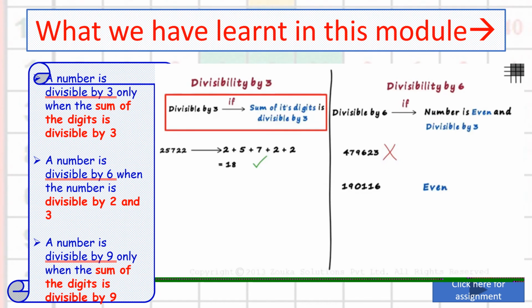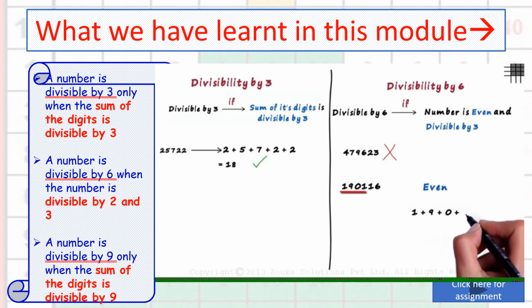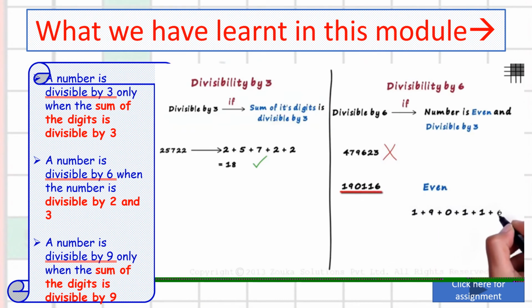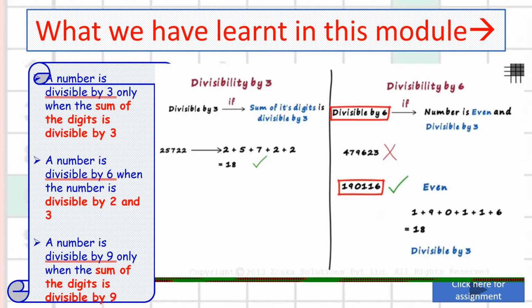So we find out the sum of the digits. 1 plus 9 plus 0 plus 1 plus 1 plus 6. 1 plus 9 is 10, plus 2 is 12, plus 6 gives us 18. The sum equals 18. So it is also divisible by 3. Hence, this number is divisible by 6.